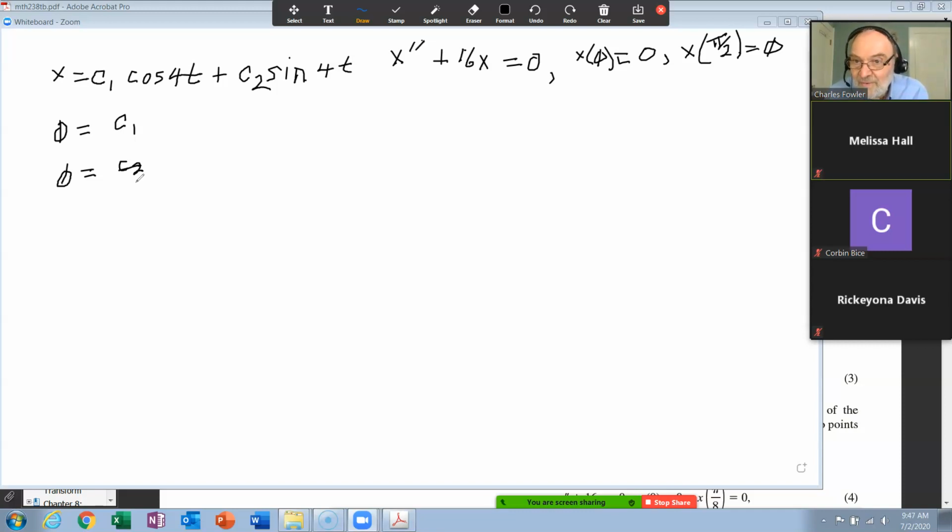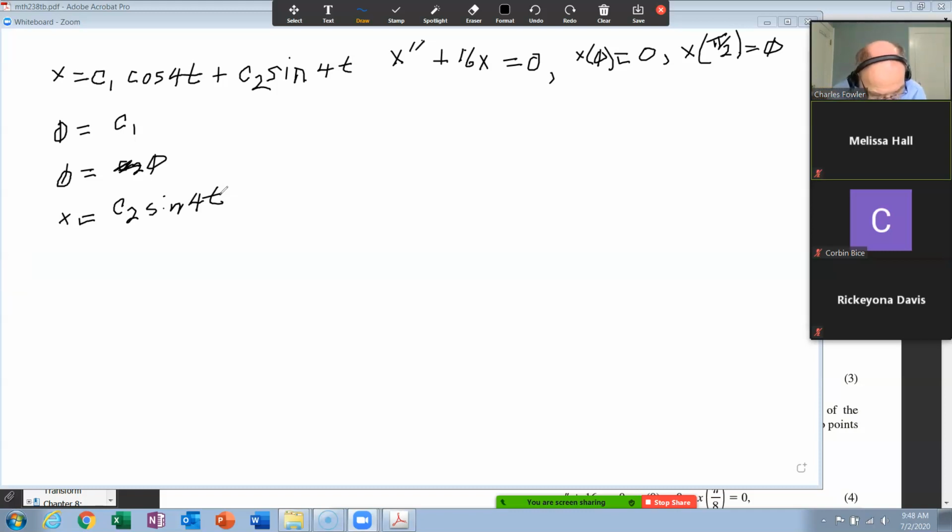This just gave you 0 equals 0, which tells you nothing, so you're left with x equals C2 sine 4t. That's it. There is no unique solution. It's an arbitrary solution for any value of C2.